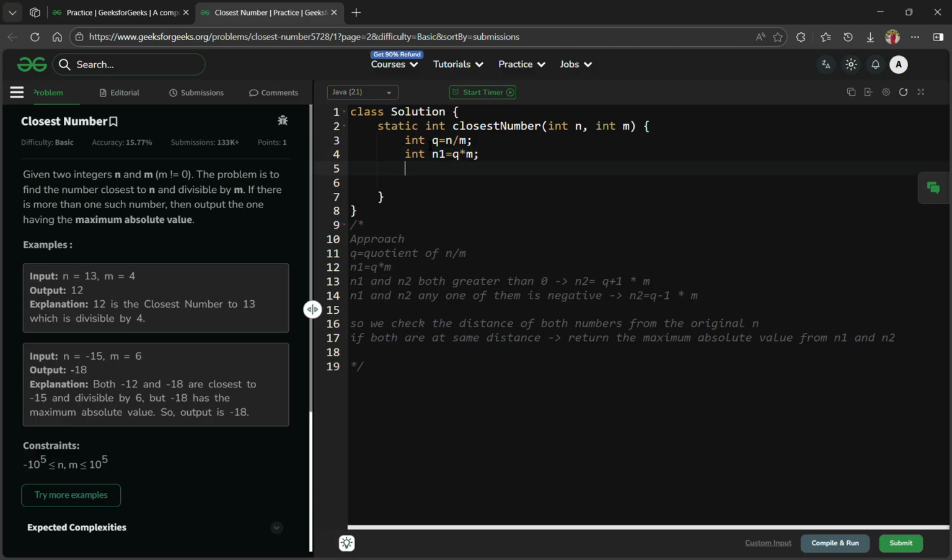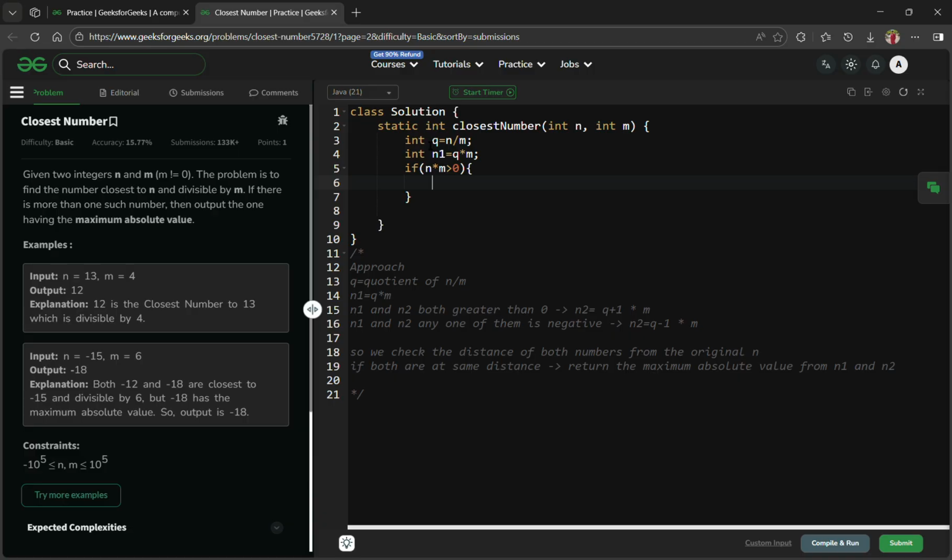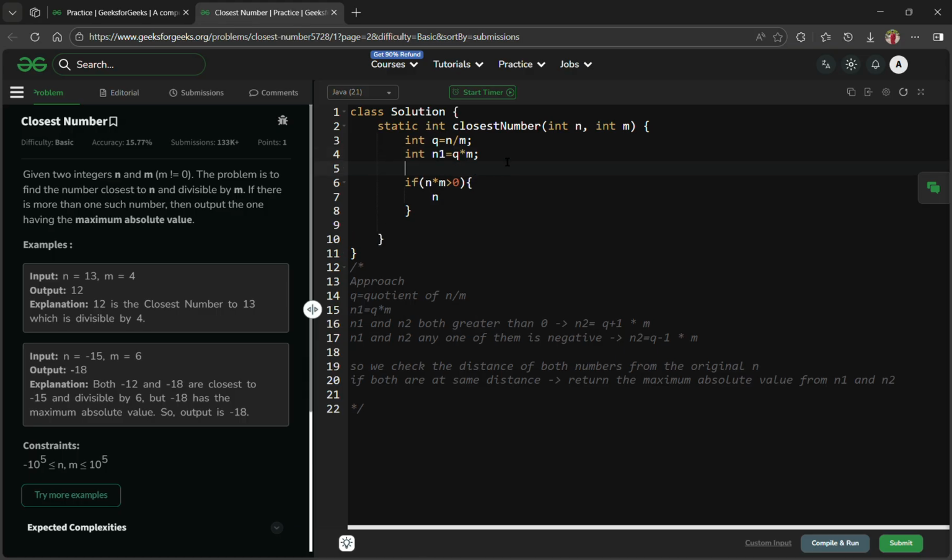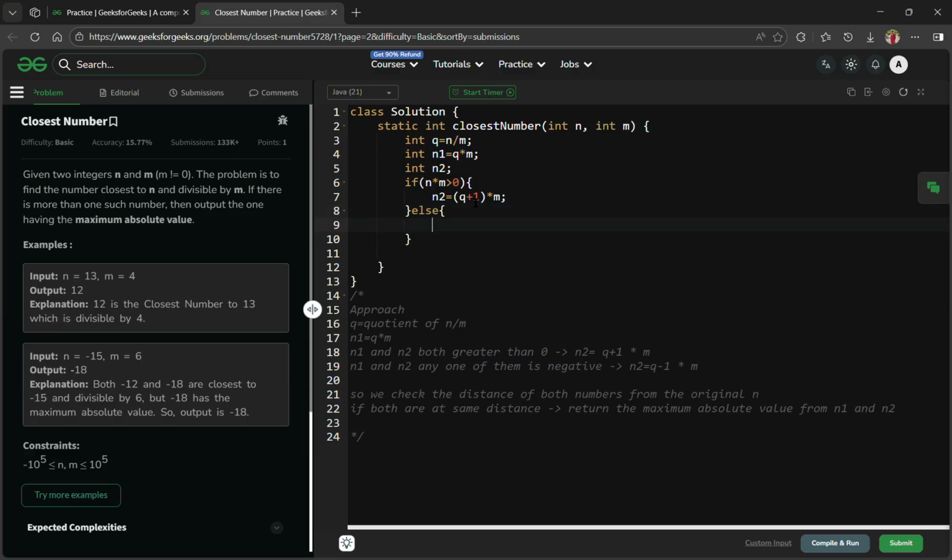If n into m is greater than 0, this means both numbers are positive, so the second number n2 will become q plus 1 into the divisor. If any one of them is negative, then n2 will become the before multiple, which is q minus 1 into m.